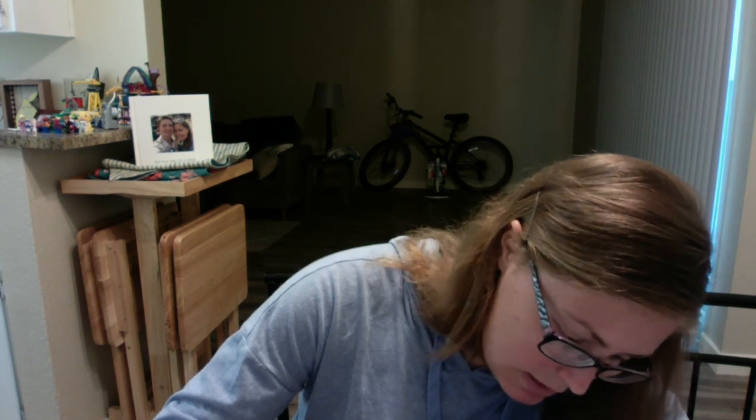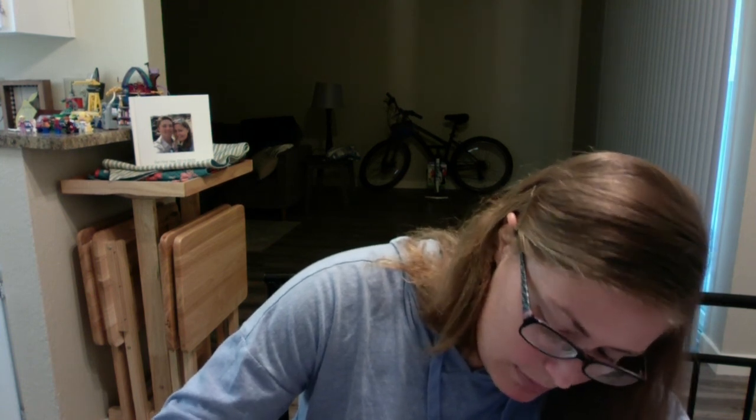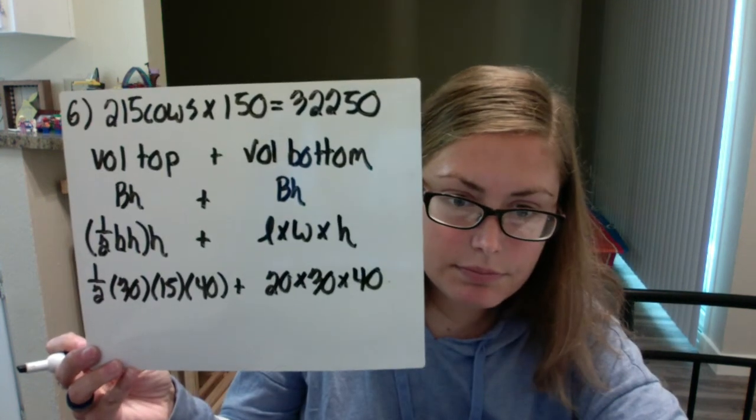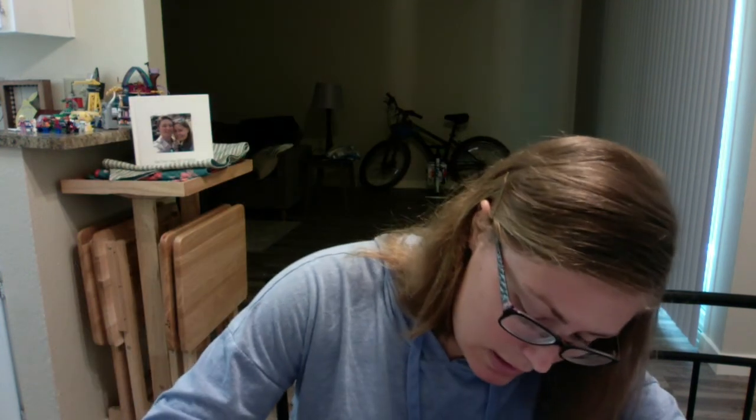We have 1/2 times 30 times 15 times 40. And our other side, 30 times 20 times 40. Simplify, we have 9,000.